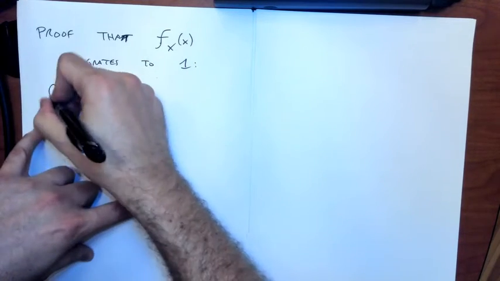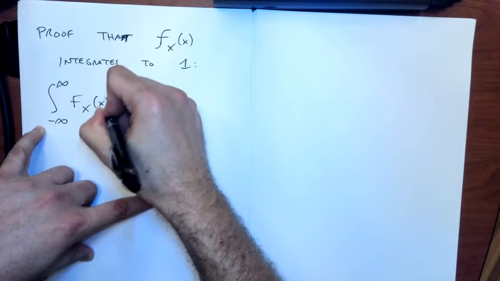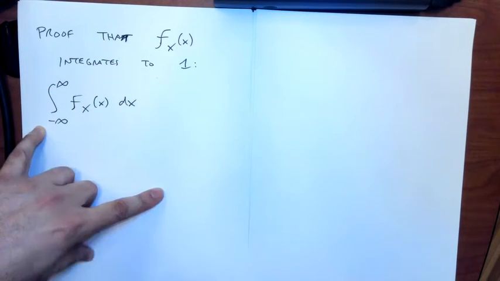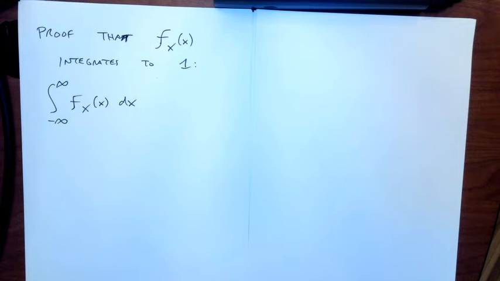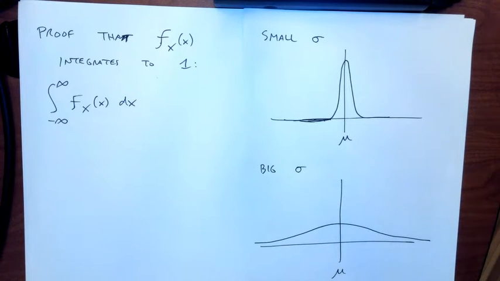Well, I have to integrate this PDF dx from minus infinity to infinity. And one thing to remember is that, when I show you this picture, every value on the x-axis has a possibility of occurring, right? The Gaussian never goes all the way to 0 anywhere, right?